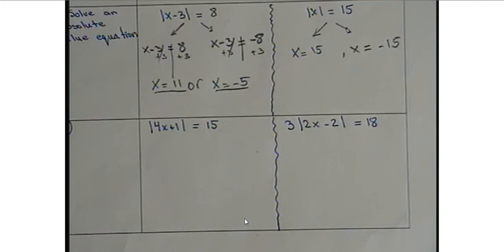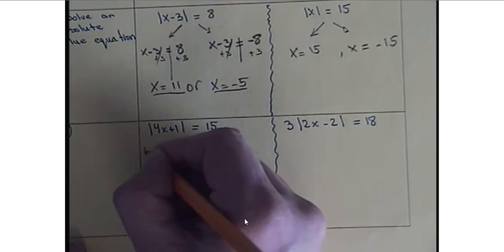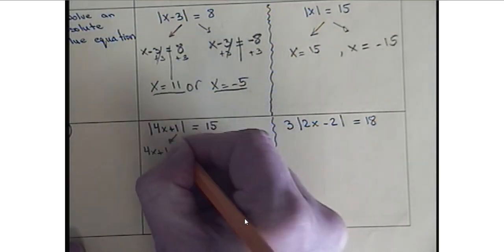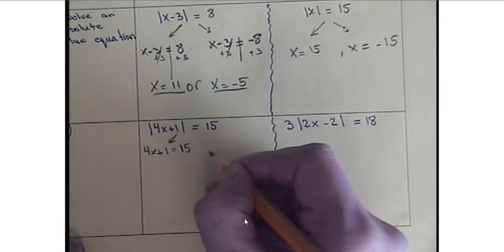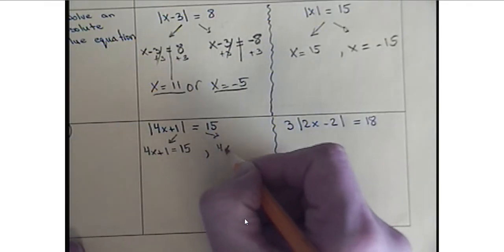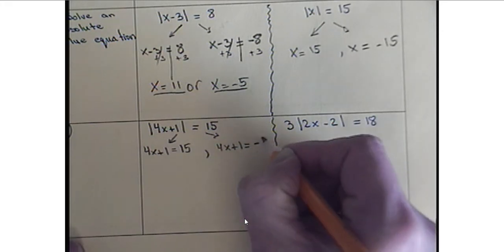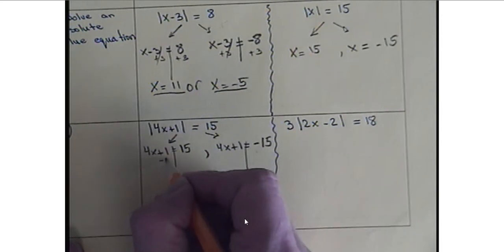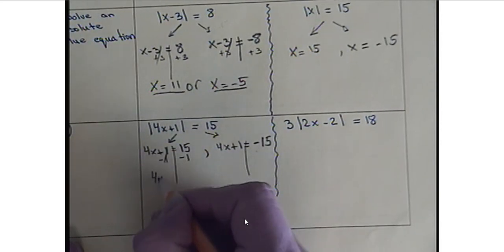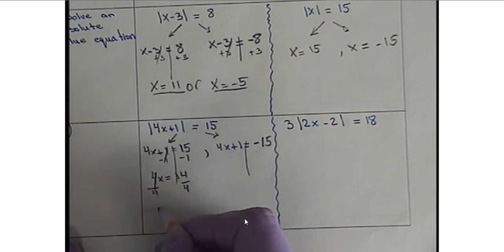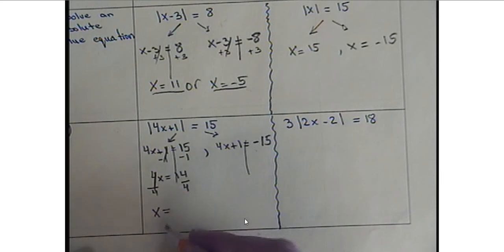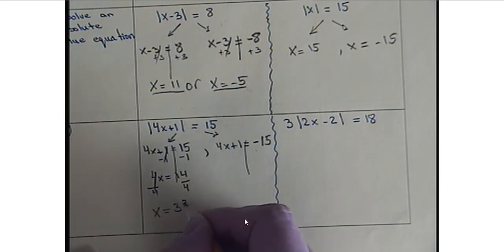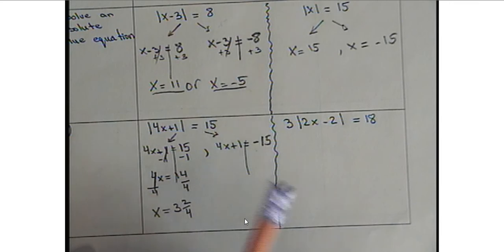Okay, number 2. Absolute value of 4x plus 1 first will be equal to +15, and then 4x plus 1 will be equal to -15. So solving each one of those independently, minus 1, 4x is equal to 14. Then we'll divide by 4 each one, and x will be equal to, I would say, 3 2/4, or 3 1/2, if you can rewrite this as an improper fraction.